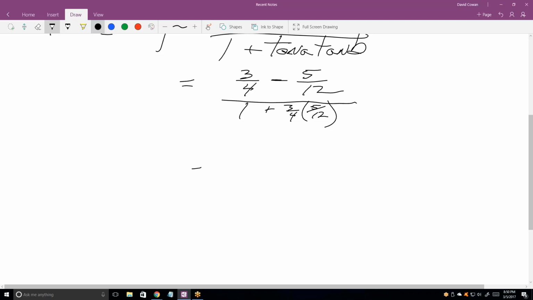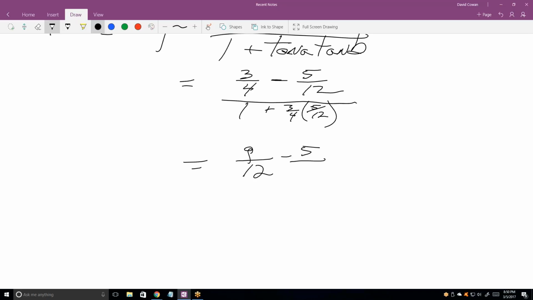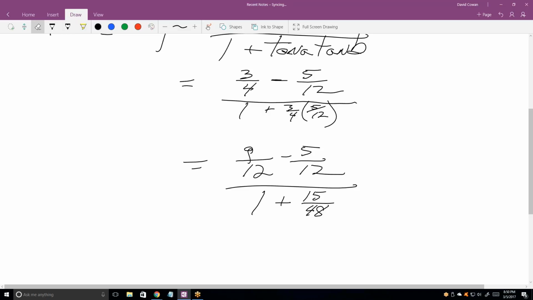So this becomes 9/12 minus 5/12, all over what? 1 plus 5/16. Oh, okay. No, you did it right. You simplified it. You did exactly what I always tell everybody to do.